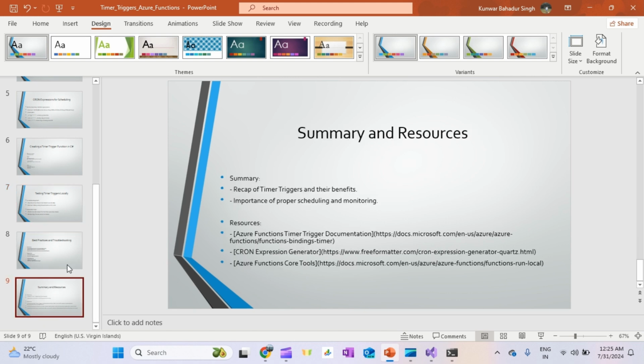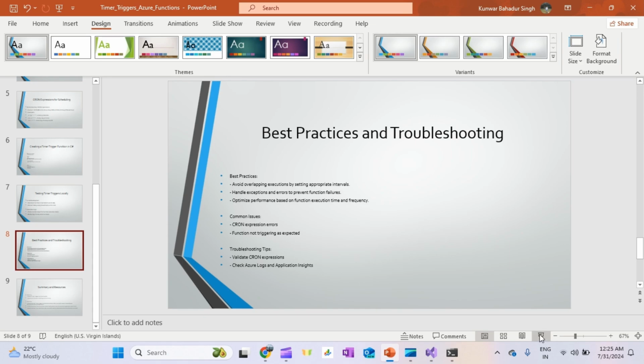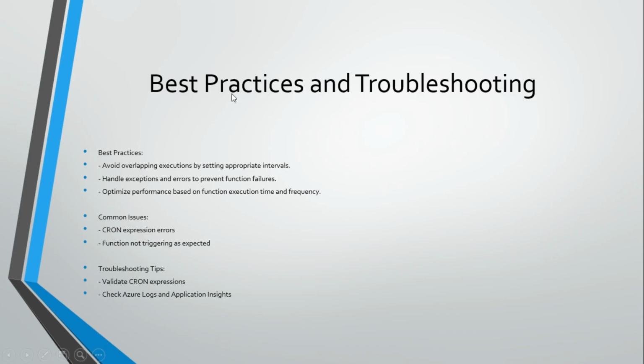Okay, best practices: how can we follow them? Basically we should avoid overlapping execution by setting an appropriate interval, handle exceptions and errors, prevent function failure, and optimize performance based on the function execution time and frequency. Common issues: whenever you are going to create a timer function, always check your CRON expression.